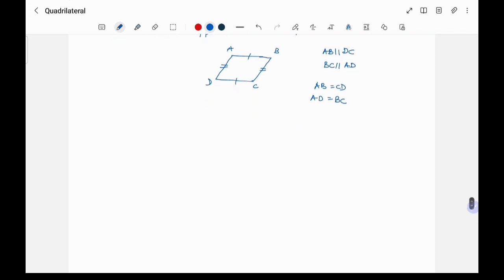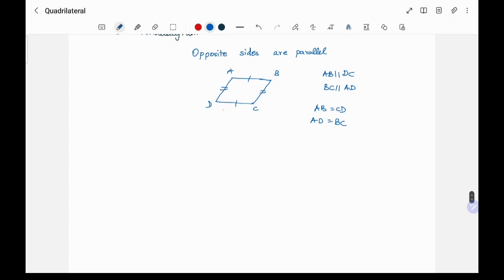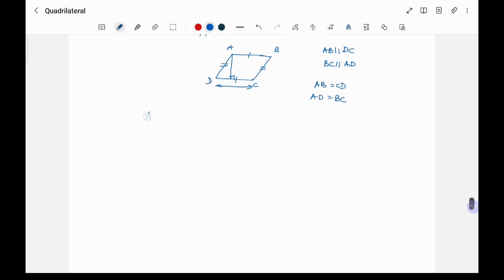So the area of this is given by base into height. This is only applicable for a parallelogram. Base into height. Why is it so? Because if you draw this diagonal, you can see it's divided into two triangles having the same height h, and the base is also the same. This is b and this is also b.